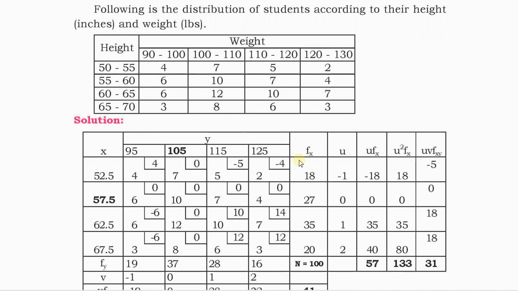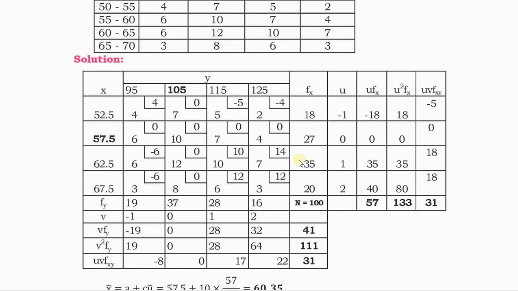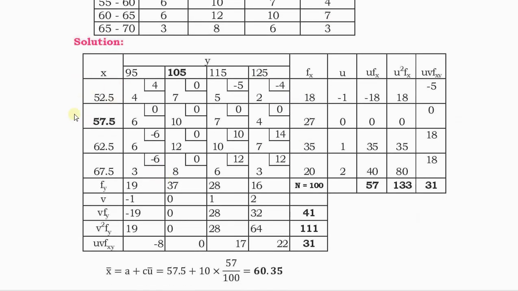Now what has been done here is, instead of taking the x values, since they will be very large and multiplying them will not be feasible, the values have been converted to u. The x values have been converted to u, that is all the values of x have been subtracted from 57.5 and divided by 5, since the common difference between any two consecutive x values is 5.